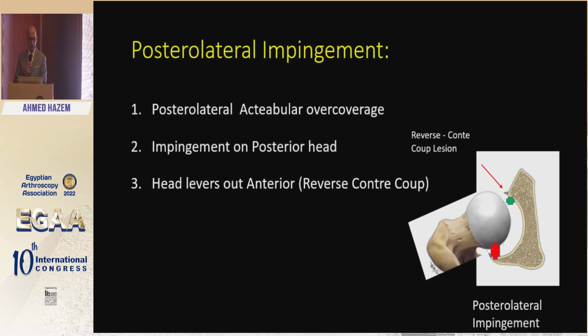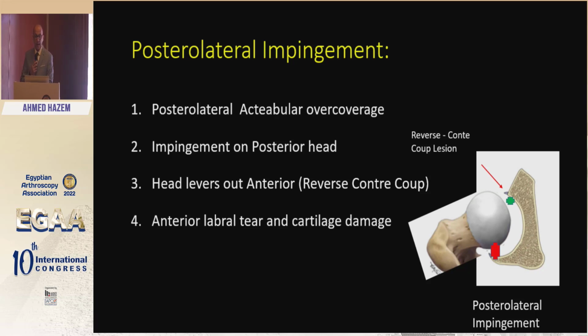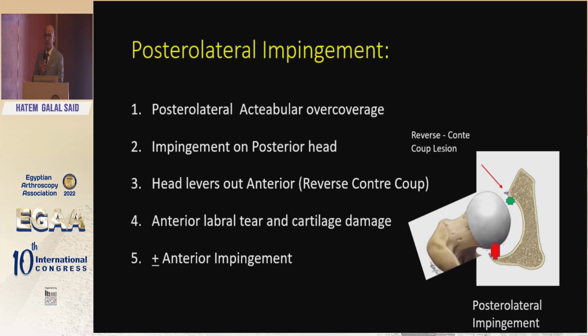It impinges on the back side. It may lever anteriorly, causing the reverse contrecoup lesion. And you will also find anterior labral tears with that. So it's not only that you're looking at the back problem, but it actually causes anterior labral tearing, whether you have the cam in the front or not. And you may have, as I said, associated anterior impingement also.